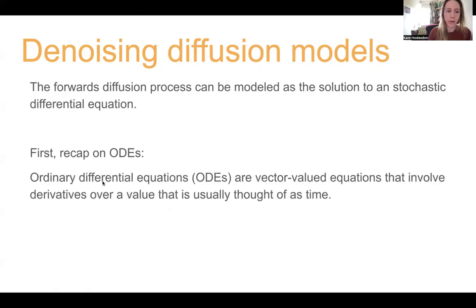An ordinary differential equation is just an equation involving derivatives over a value that's normally thought of as time. So, for example, dz/dt is just a function in t. This is the form of an ordinary differential equation.